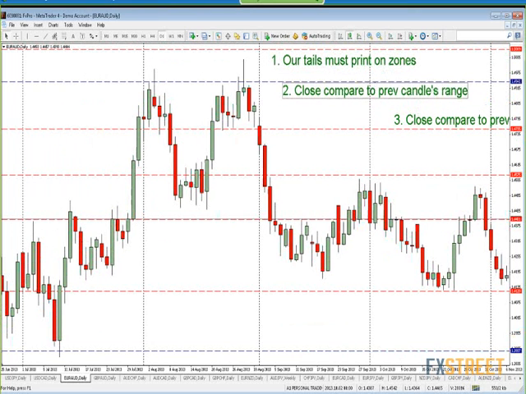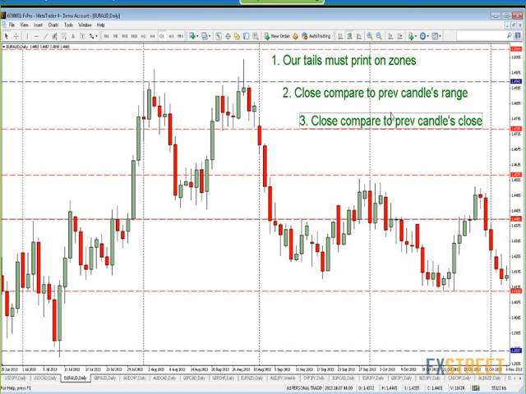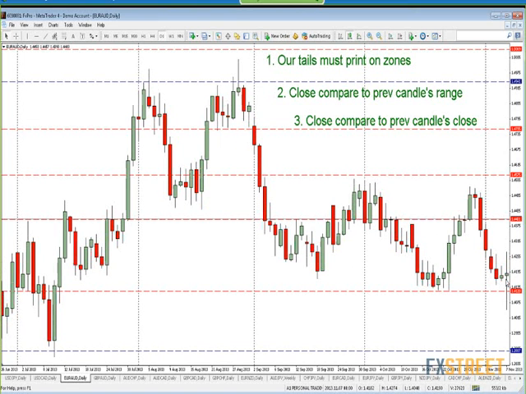And the close actually compares favorably to the previous candle's range, right? Because look, this close here is inside of the high and the low of this candle.